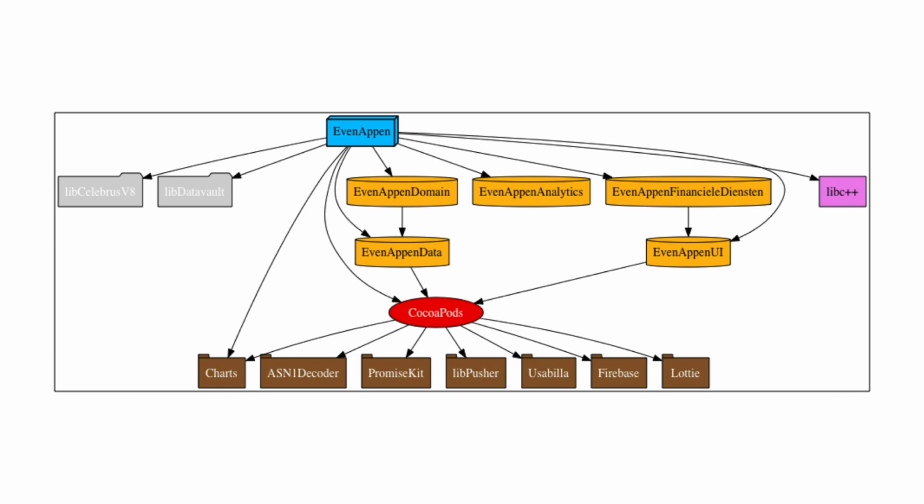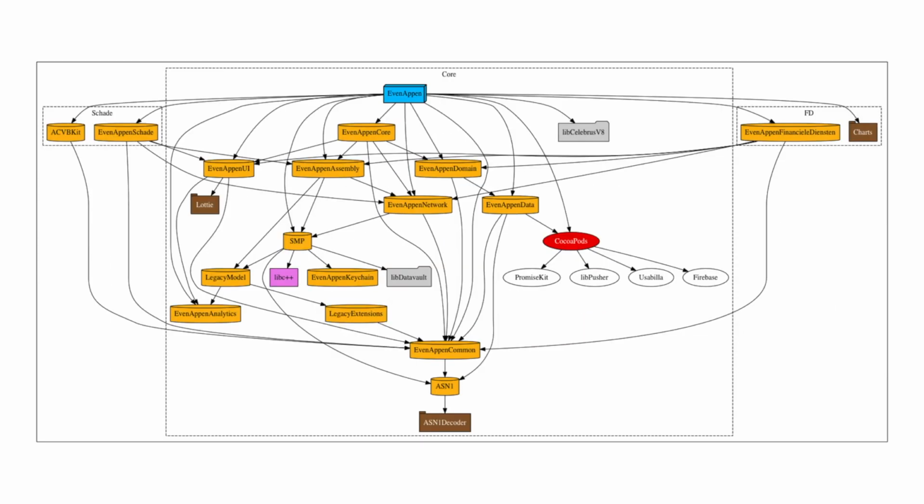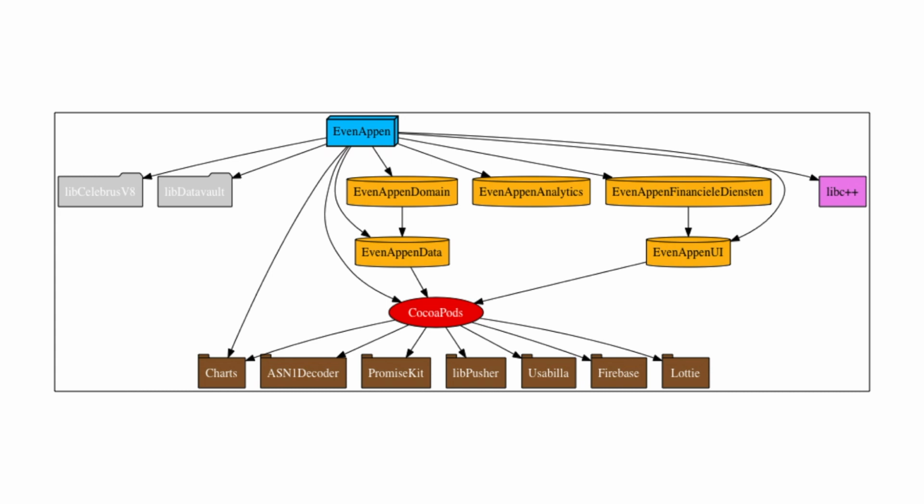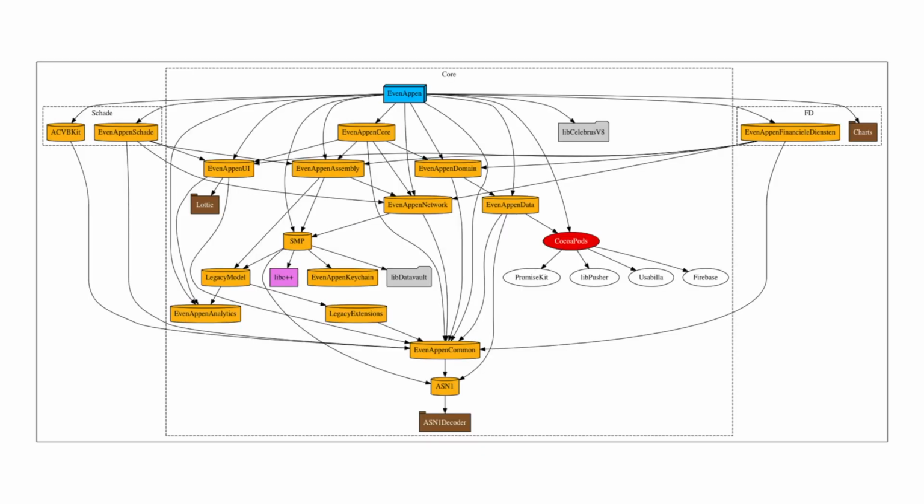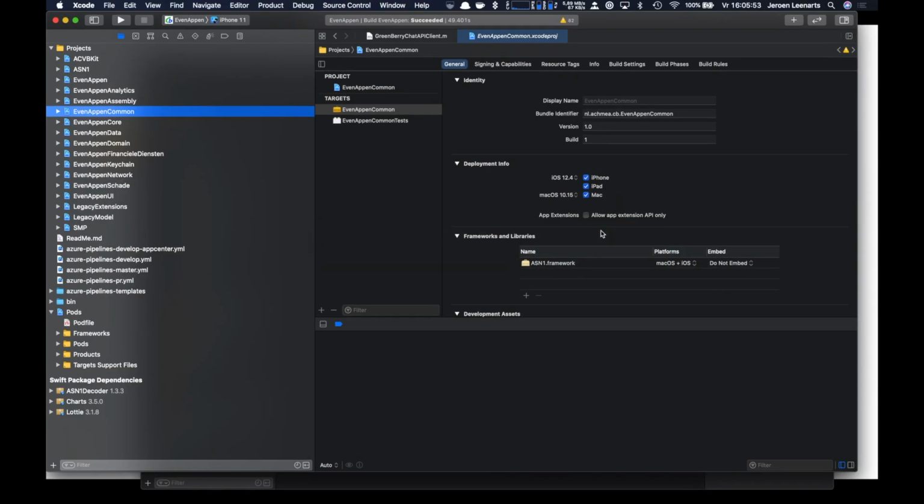So once we were done with our initial migration from EvenAppen to Tuist, this is the graph that we ended up with. So you might imagine, let's look at the first one. Why is this worse than this? Well, basically what you get here is that related code is now in close proximity to each other, and it's very explicit where you need to look in your source tree.